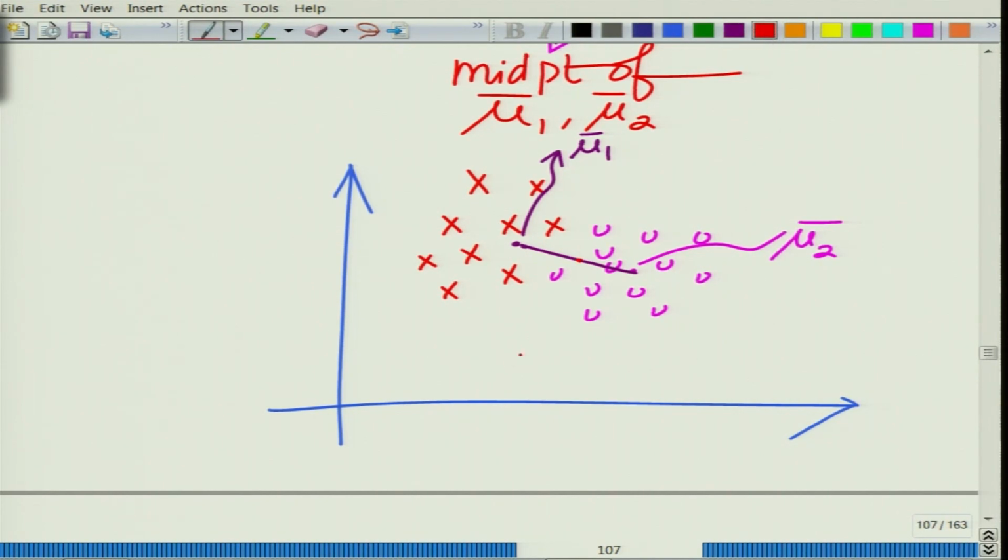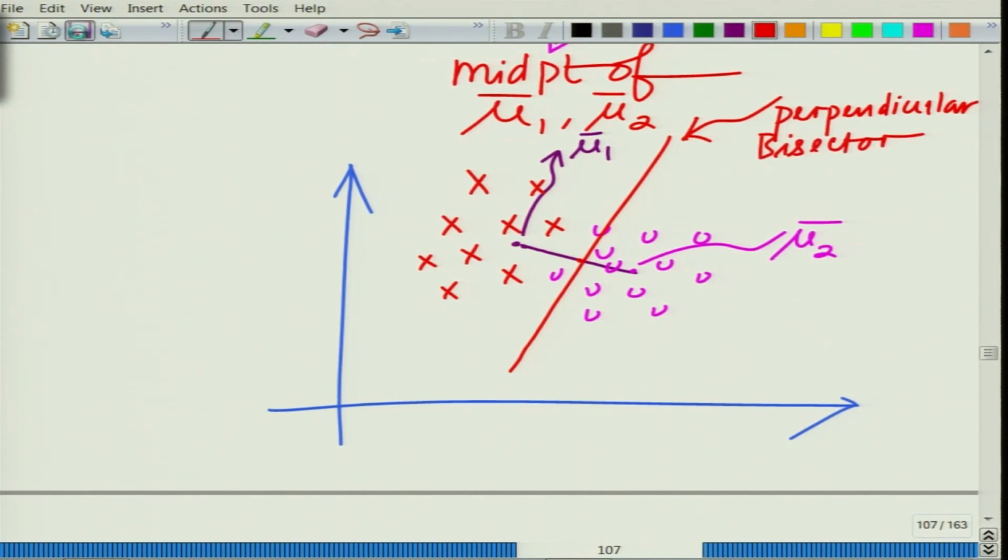Okay, let us draw this hyperplane that bisects these two. So, this is the perpendicular bisector, and what you will see is that this is the midpoint, which is essentially mu 1 bar plus mu 2 bar divided by 2.